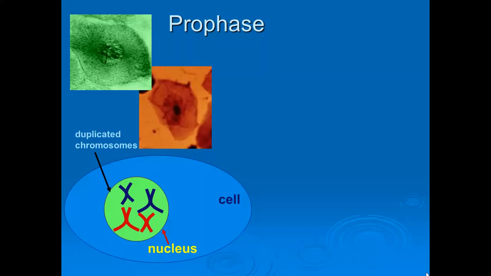The actual dividing of the cell into two new cells happens at the same time as the final stage. Even though we'll take cytokinesis separately, it happens at the same time as telophase.